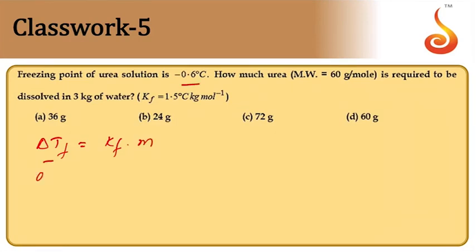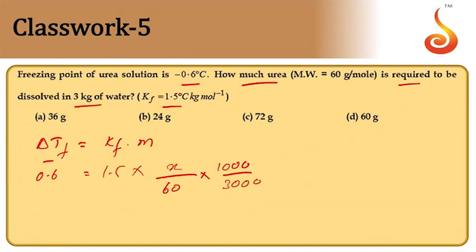Delta TF decrease is given as 0.6 and Kf is given as 1.5. So they're asking us how much urea should be added. Let us suppose x grams is added, x by 60 into 1000 by mass of solvent. Mass of solvent is 3 kilograms, so 3000. Therefore the value of x on simplification comes to 72. So 72 grams. Answer is option C. Direct substitution in the formula. So C is the answer.